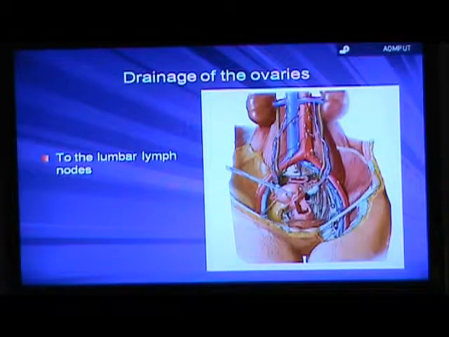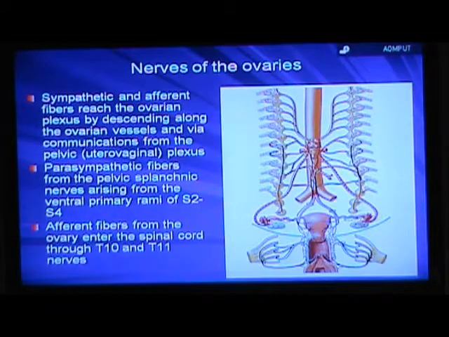It's a fast killer because the spread goes directly from the ovary to the lumbar lymph nodes, and it's very difficult to find such a cancer. So it's a big problem for the gynecologist and oncologist, of course.